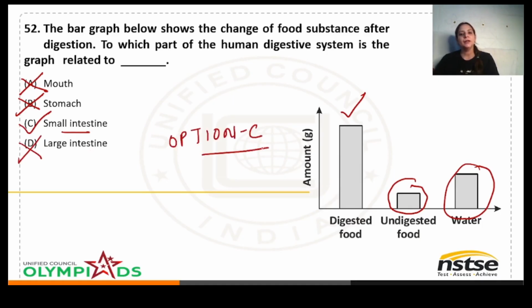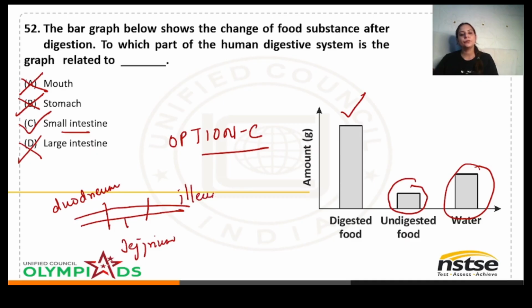Option C. I'll tell you, small intestine is the largest part of the alimentary canal. Small intestine is roughly divided into three parts. I'm telling you this just for your knowledge. First part is called duodenum. Second part is called jejunum. And last part is called ileum.